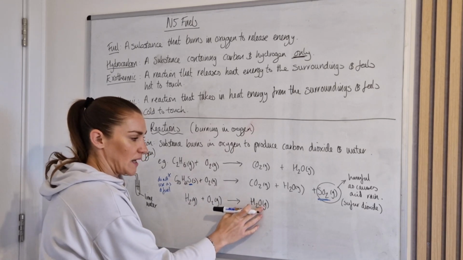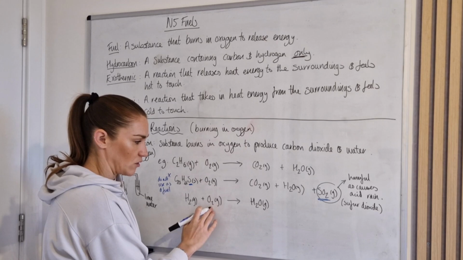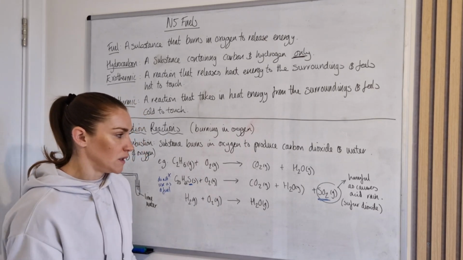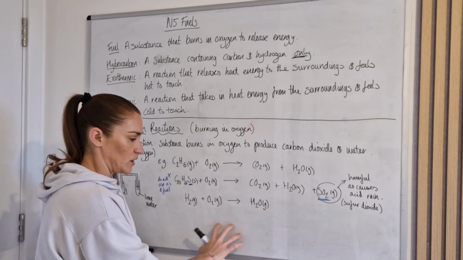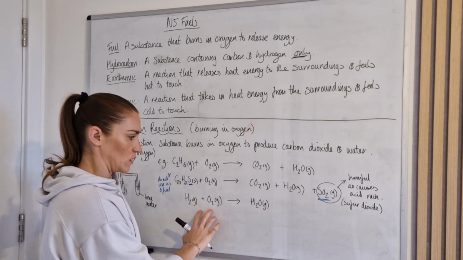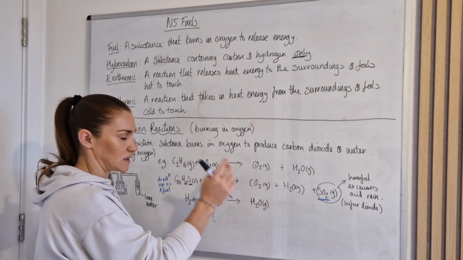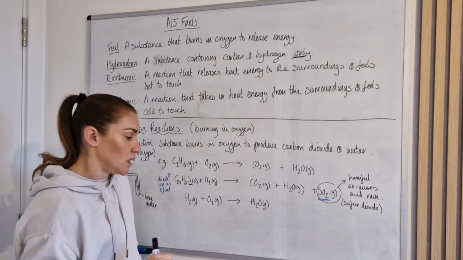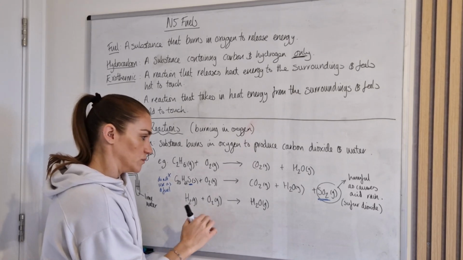So any element in the products that's not oxygen must have been in your fuel. Because atoms can't be created or destroyed, they have to just turn from one compound to another. So if you had hydrogen atoms or carbon atoms in your products, you must have had them somewhere in your reactants. But the oxygen can come from the air, so it's not necessarily always in the fuel.